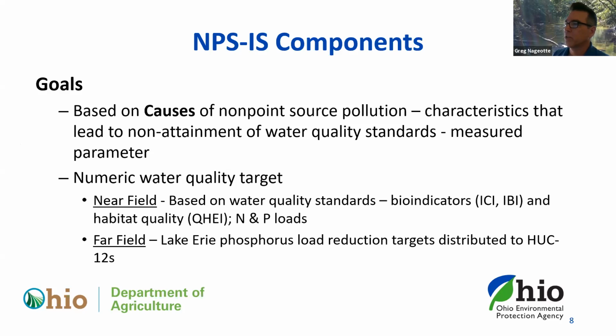These are really your measured parameters that determine whether you're in attainment or not. And we have near field parameters. These are based on water quality standards. The most common are bioindicators, ICI, IBI, habitat, fish, bugs, stream quality, and then also possibly nitrogen and phosphorus loads.